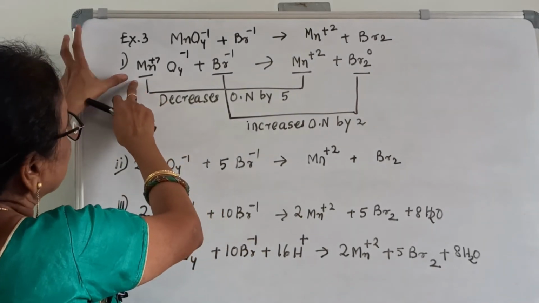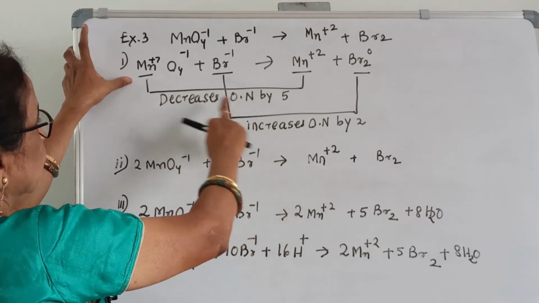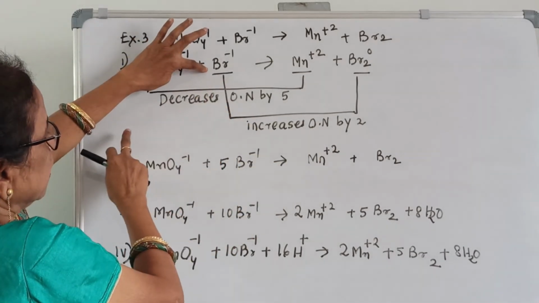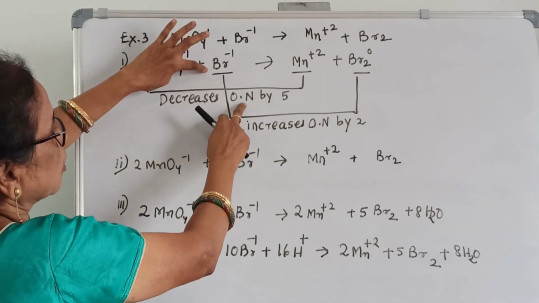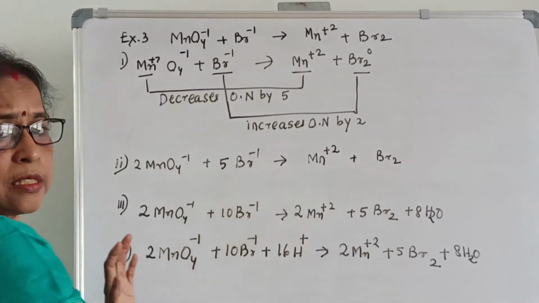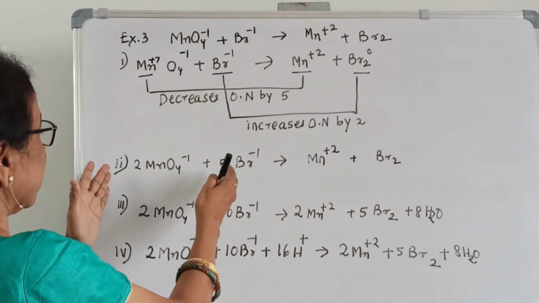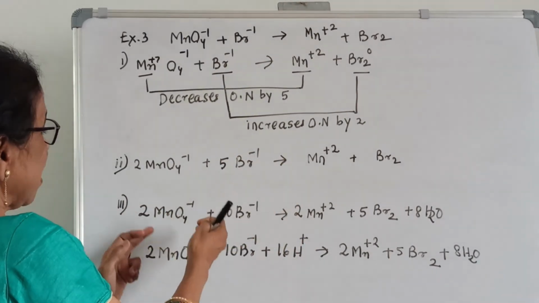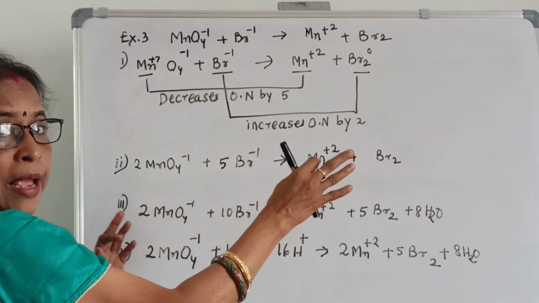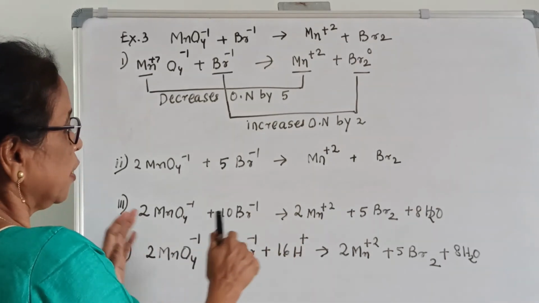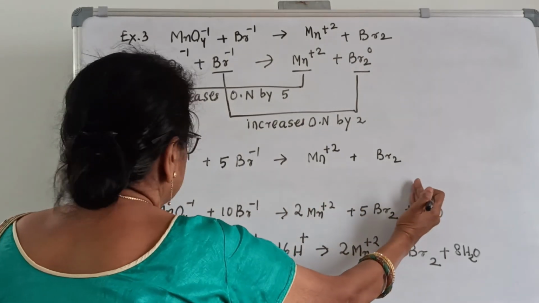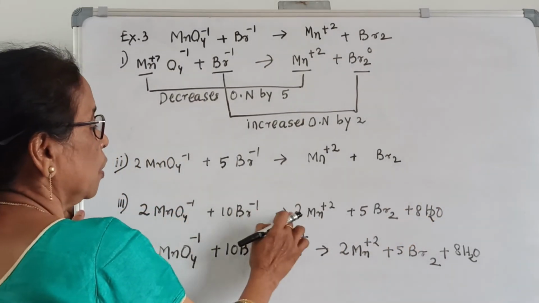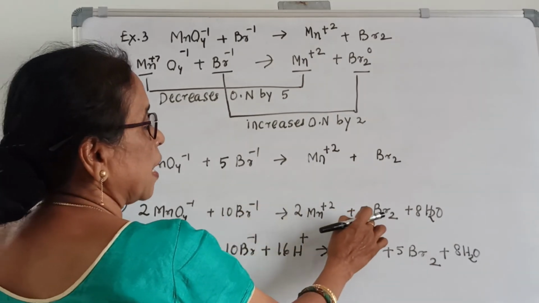Here multiply by 2 because it increases by 2, and here it is multiplied by 5 because the oxidation number decreases by 5. Now the oxidation number on the reactant side is equal. But what about balancing both sides? You see it is already balanced because 2 MnO4, 2 Mn, 10 Br minus, 5 Br2.